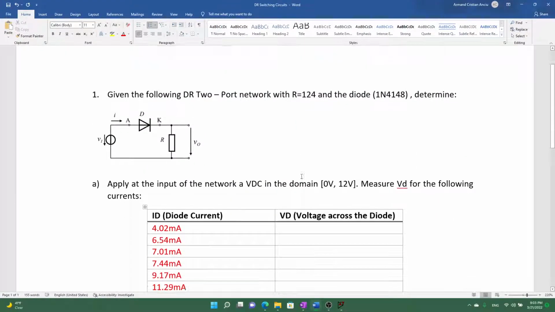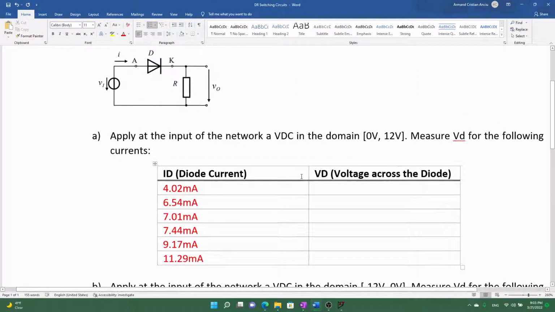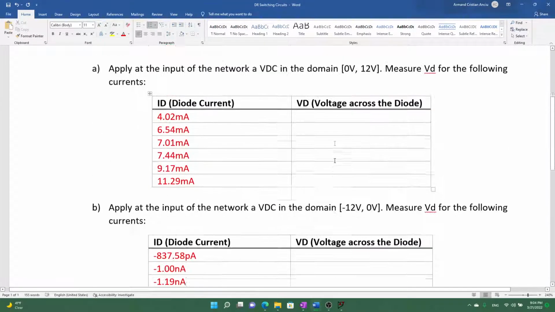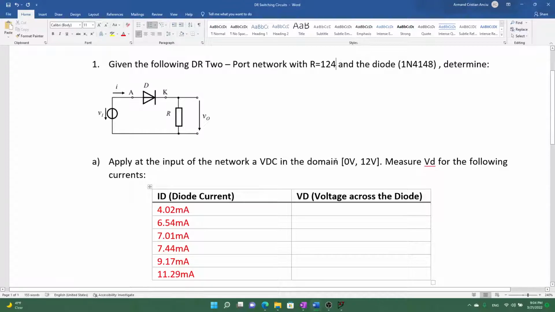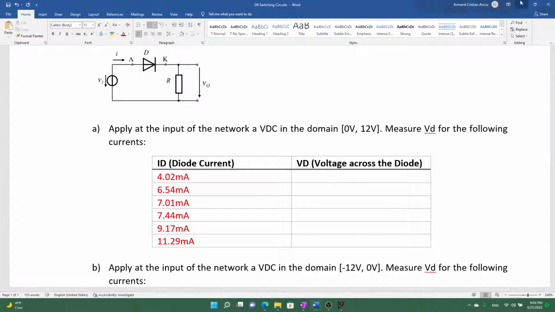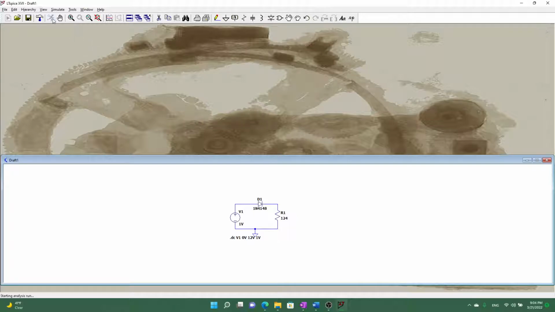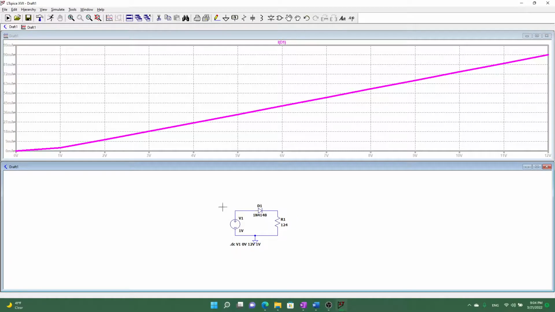So let's perform a couple of analyses. We have to find the current through the diode. So to do that, we'll close that, reopen the simulation, and right click on the diode itself.